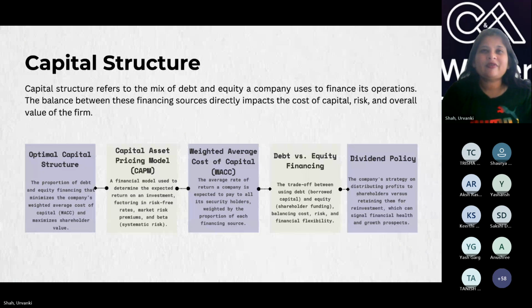right? Whereas in equity, as we saw, dividend, in equity, what happens? Based on the business of the company, based on the profitability of the company, there are dividends which are declared. So debt is a liability to the company, which is a fixed liability.